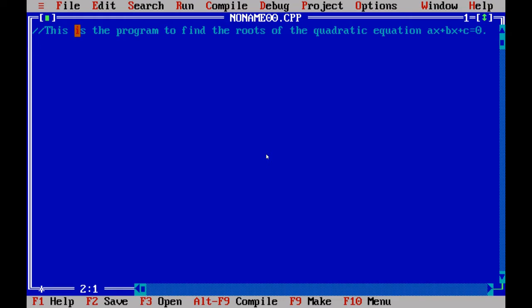And then you can write the formula. The formula is minus b plus or minus square root of b squared minus 4ac, divided by 2a.